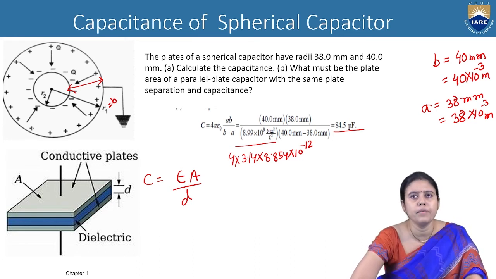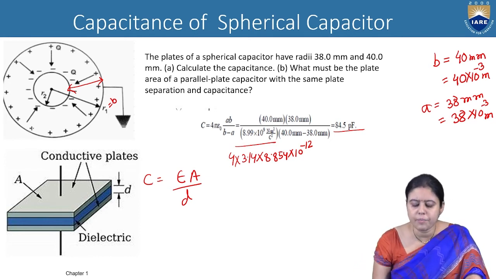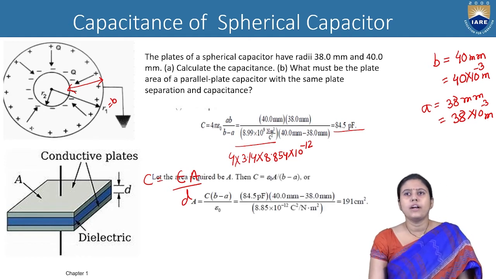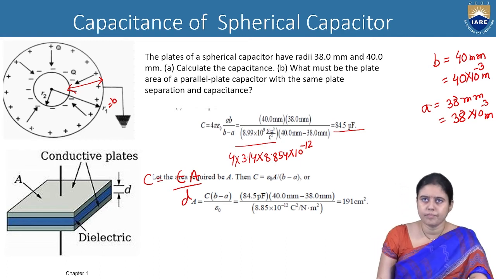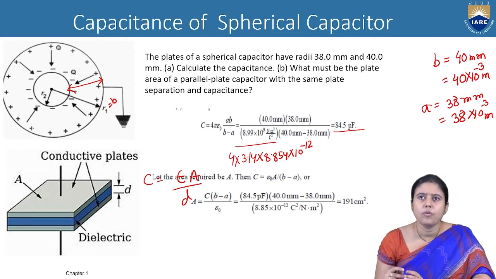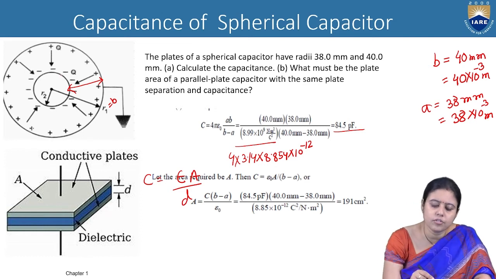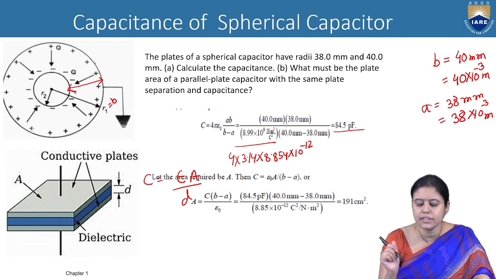Nothing is mentioned, which means it is free space or air. We know the value of epsilon, and D is the distance between them.